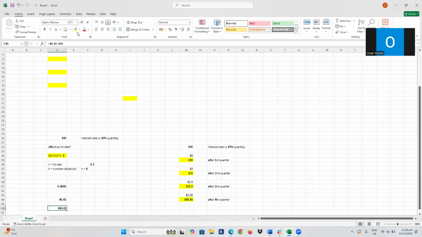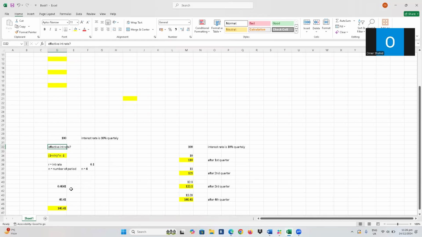Okay, so we get 146.41 using the effective interest rate. So we got the same answer as we got through compounding. But we performed longer steps in compounding to reach this answer. If we use the effective interest rate formula, then we just need to know the effective interest rate, multiply our principal amount of $100 by 46.41%, and we get $46.41.